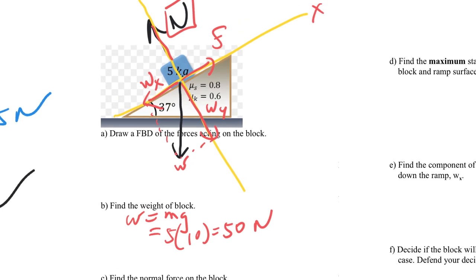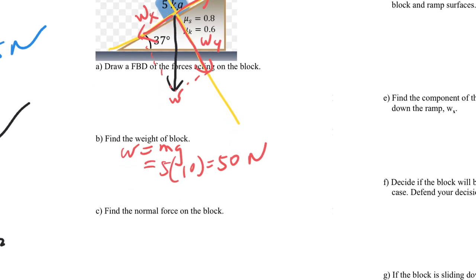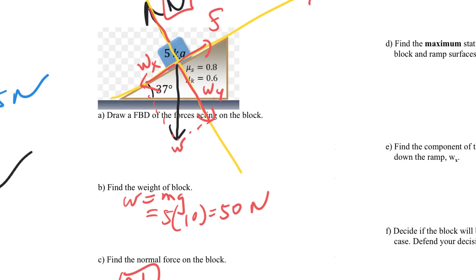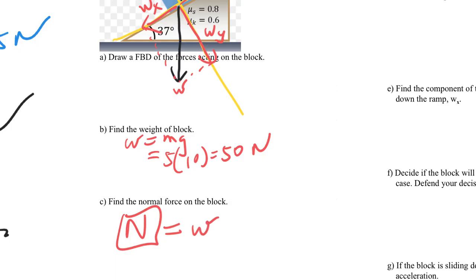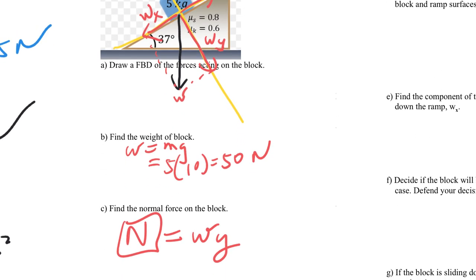Find the normal force on the block. Okay, normal force on the block is equal to WY. And WY, be careful. What's the angle? The ramp angle is given, so that should be between the y-axis and the slanted force, which is the weight.